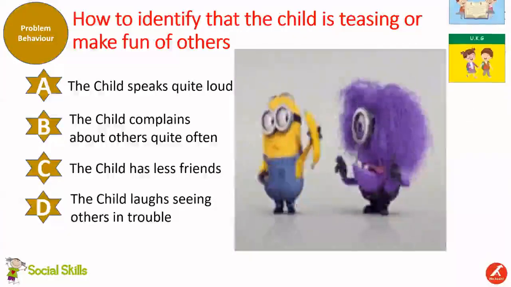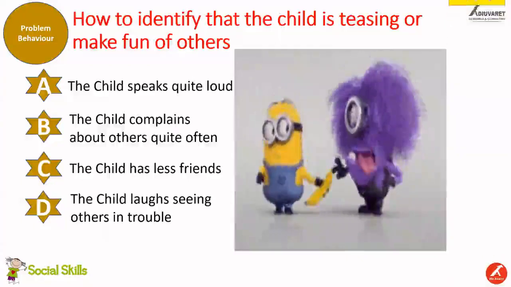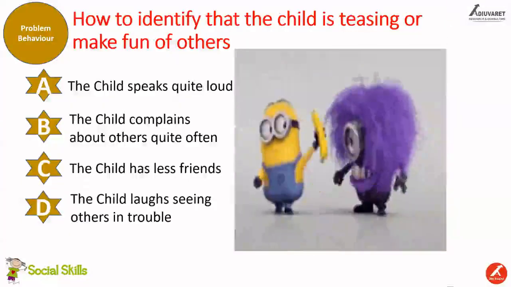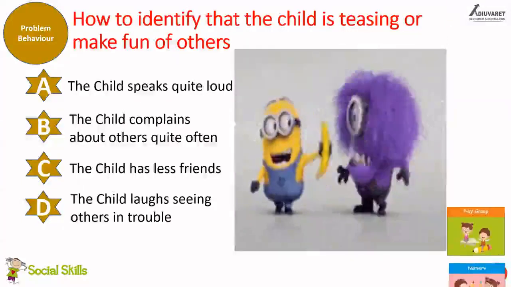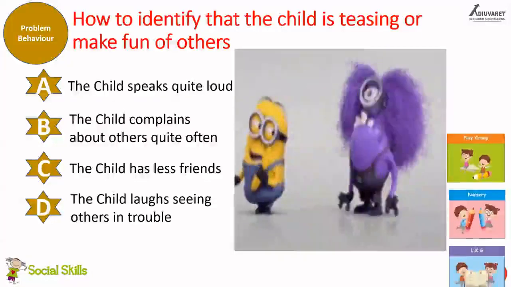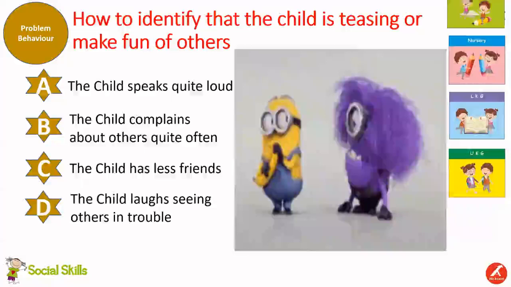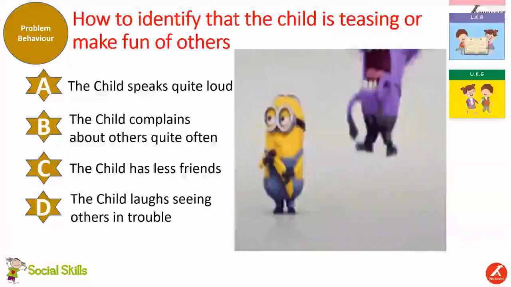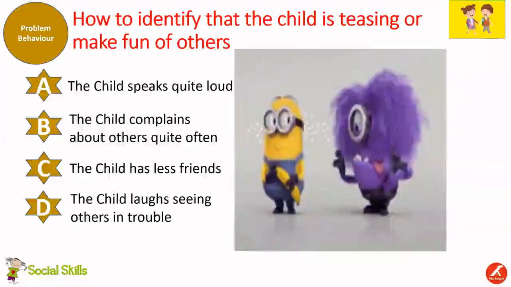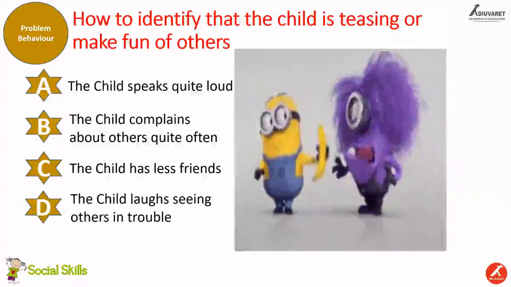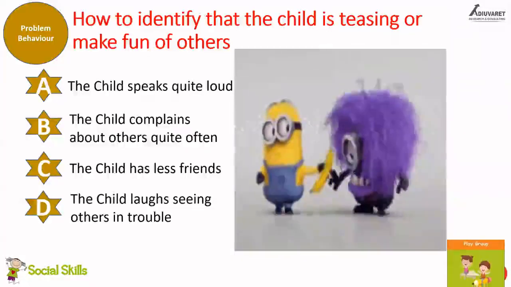But the other way around, even if the child is not teasing but is simply laughing and not taking any action upon seeing somebody else in trouble, that may be an indication the child will develop such teasing behavior in future.